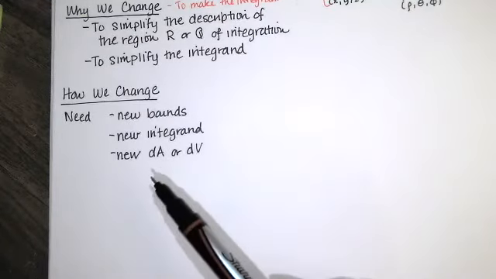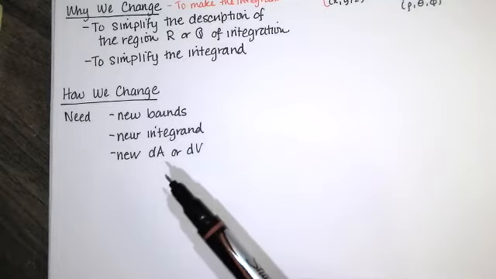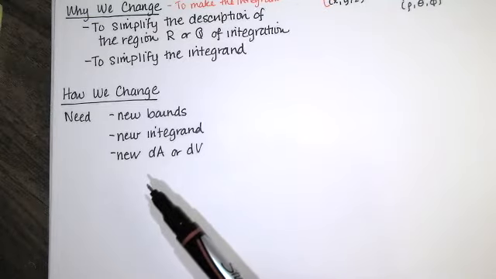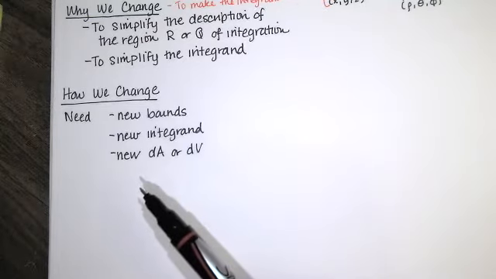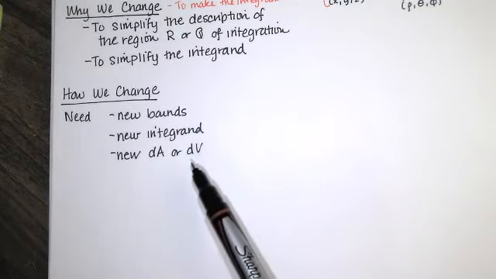So dA was dx dy before. Now it's not necessarily going to be du dv, but it's going to be something times du dv. And that something is the absolute value of the Jacobian of a transformation. So we'll talk about what that is in a minute. And the same thing is true here, this dx dy dz from before.